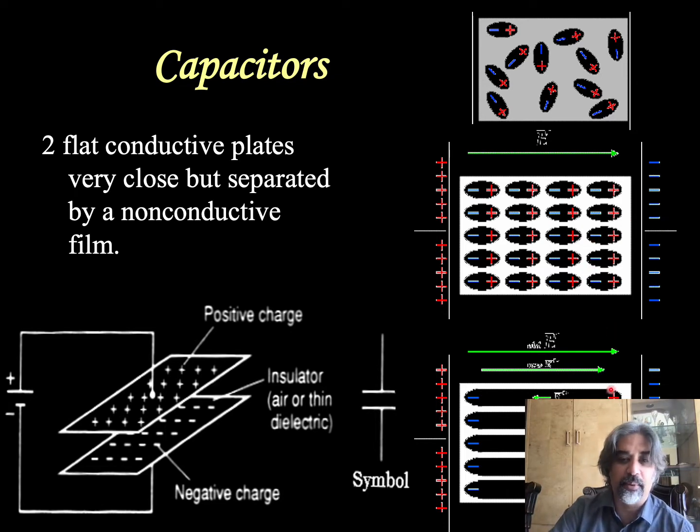And what happens is the positives that are accumulating here repel any positives that are on this plate and attract any negatives that might be on this plate. So the positives then leave this plate, they go down this wire, and they're also attracted by the negative pole of this battery. So you've got positives going here, collecting here. The positives leave this plate and go down here.